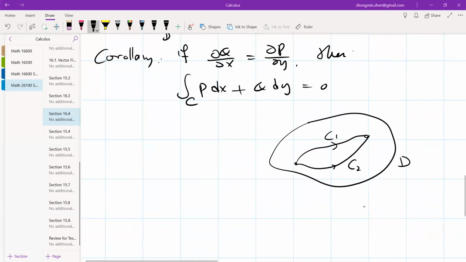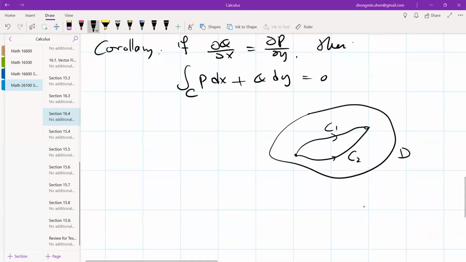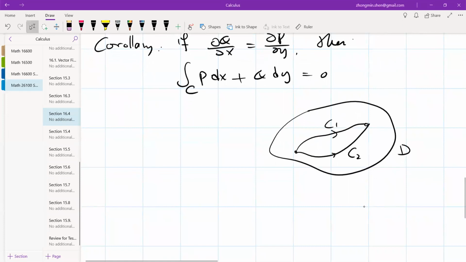But these two curves form a closed loop. The C will be from here to here, so that's called the C. So C actually consists of C2 and negative C1, negative C1 in reverse order.